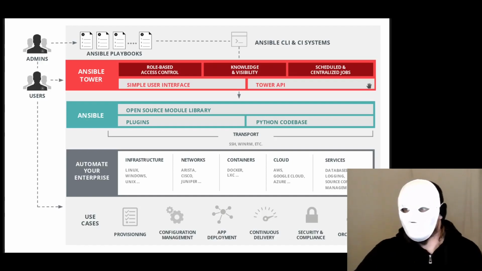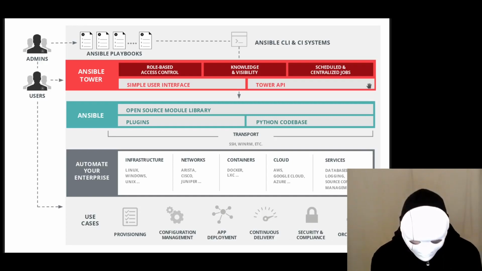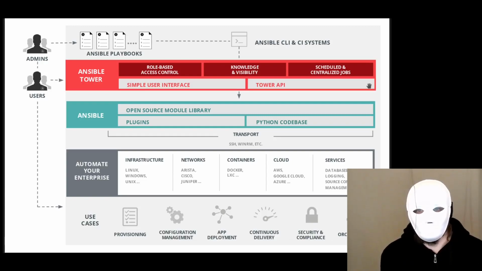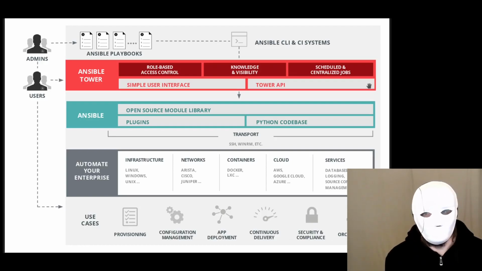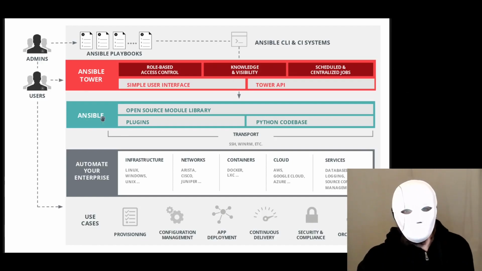The interface looks basically like Ansible AWX, but it has some more functionality and is an enterprise grade development of Ansible AWX and Ansible Core. So that's the basic idea behind Ansible Automation Platform, so Ansible Tower, as it was called before.